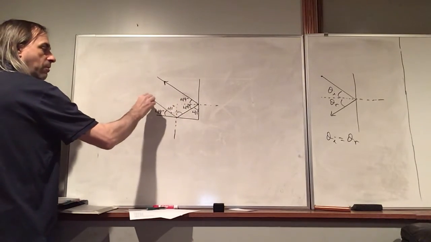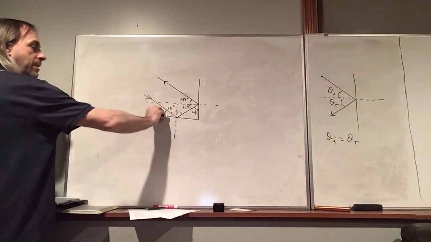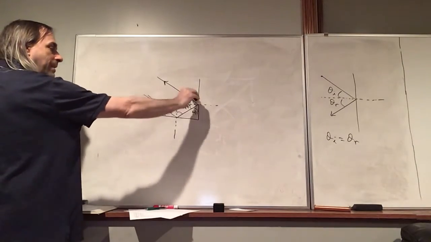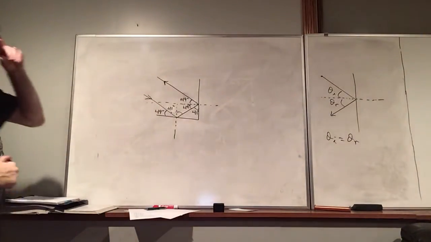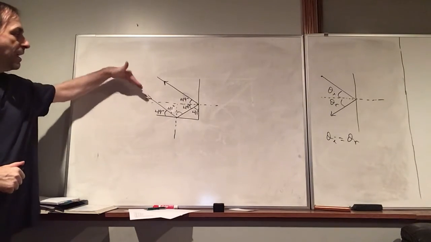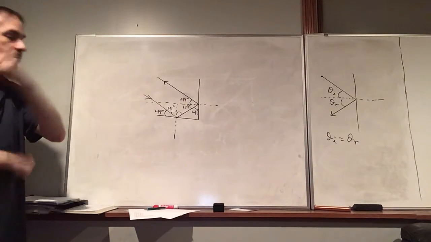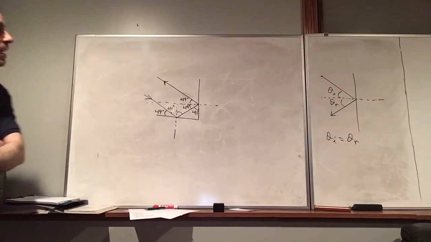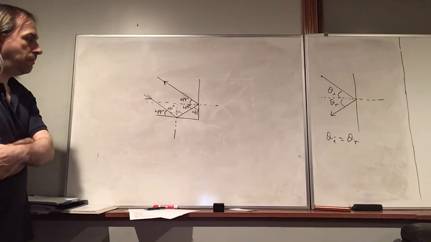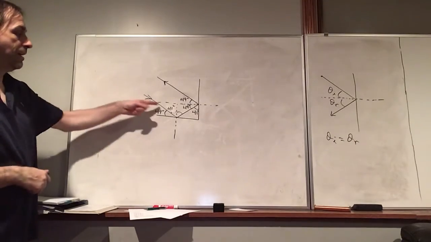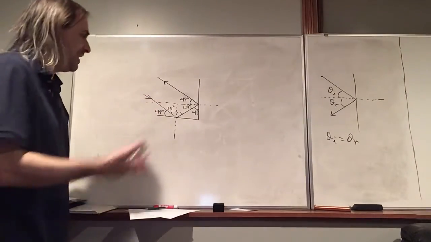So again, these two lines are both 49 degrees above these parallel lines, and so these two are parallel to each other. This is called a corner mirror. And it worked out with 41 degrees, but of course that angle is random.